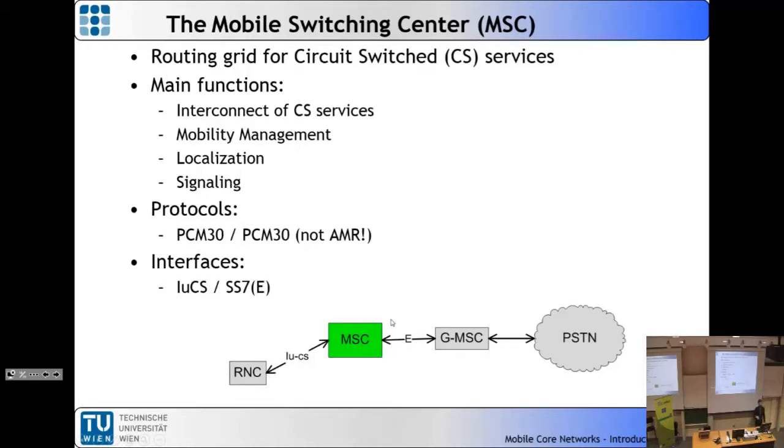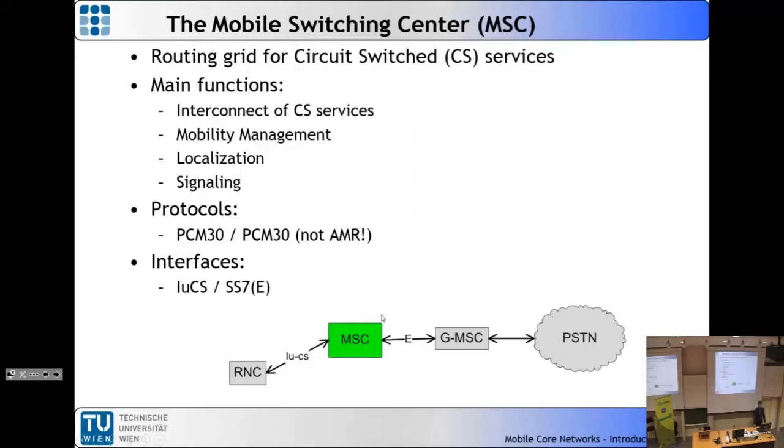So a lot of the improvements we will see later for the newer releases are down to the fact that you would like to still have the mobility and the flexibility to find a user, but not at the cost of ringing up, for example, the whole of Vienna. So you would like to have a balance between mobility and localization, basically.